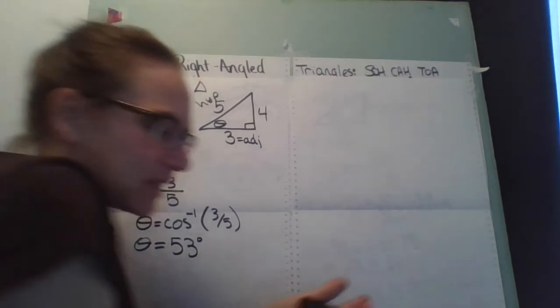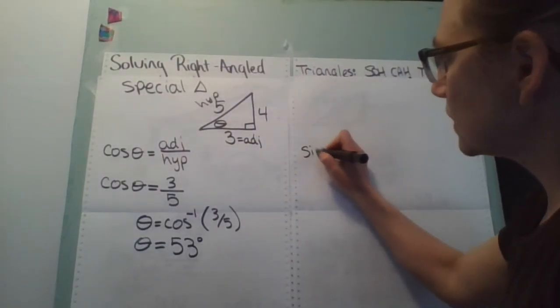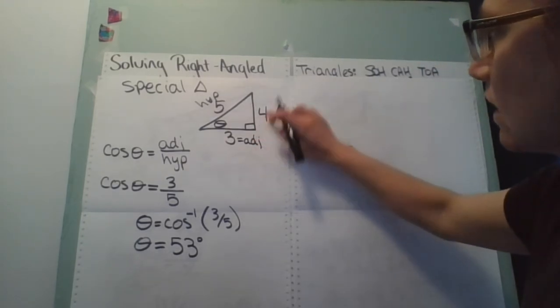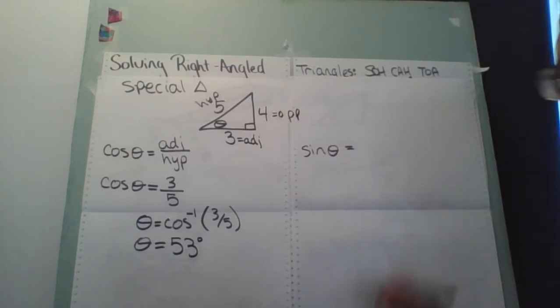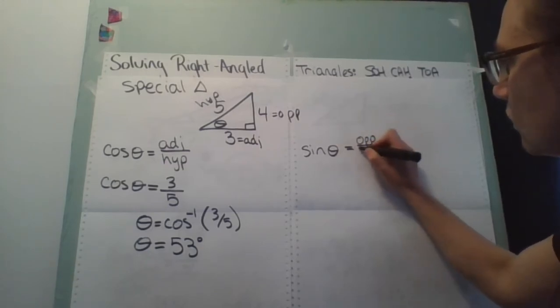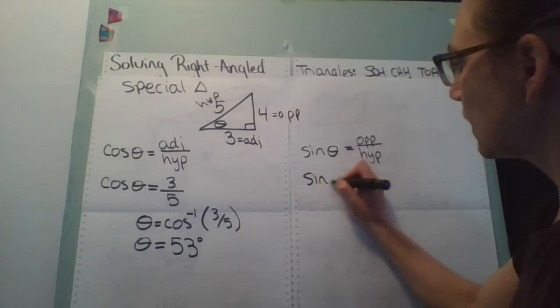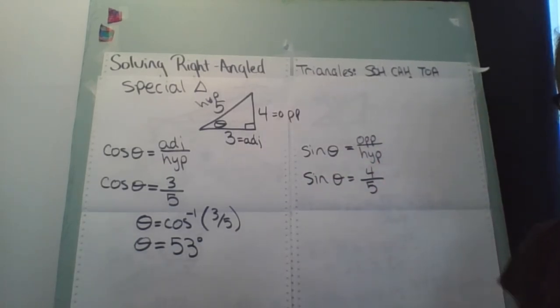Let's check and make sure we did things right. Sometimes I don't write things properly. Let's see if I get that same answer if I use sine. So remember, the sine ratio is dealing with opposite over hypotenuse. So sine of the angle is opposite is 4, hypotenuse is 5.